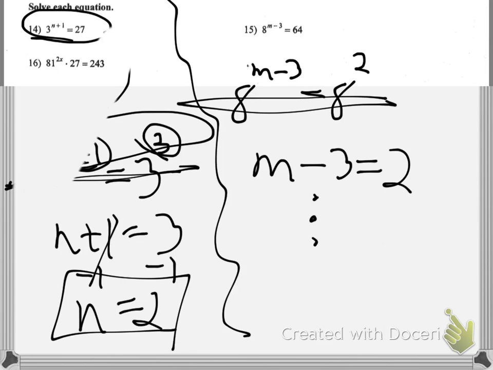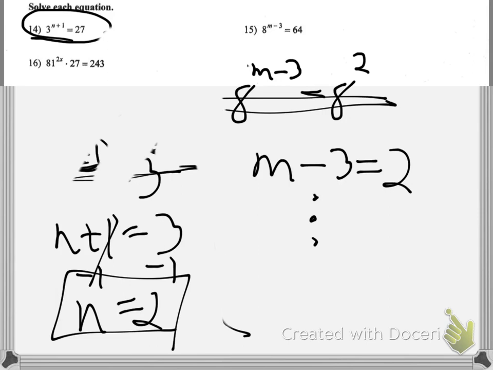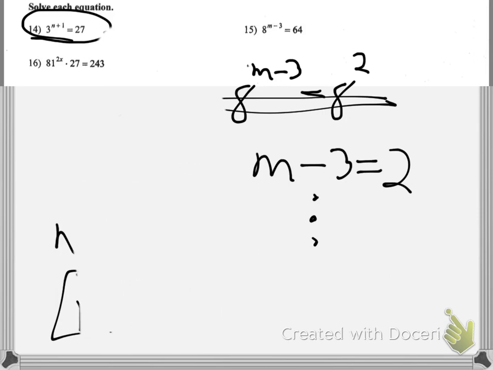And then the tougher one that I see would be this following one. Same ideas though. We have 81 and 27 and 243 all involved. They all seem to be powers of 3, and so I think 243 is 3 to the 5.